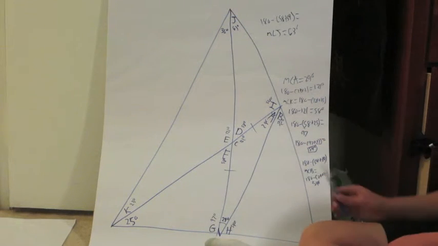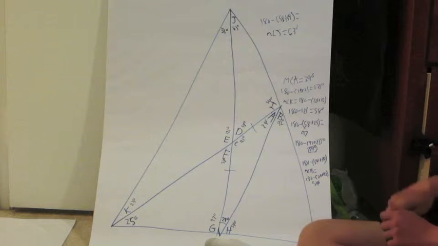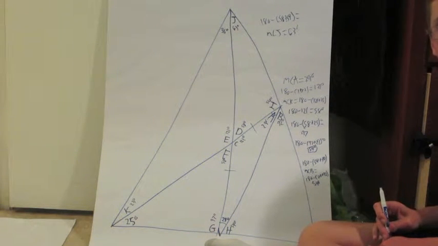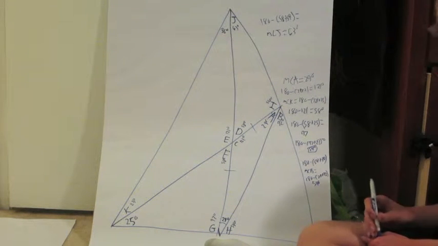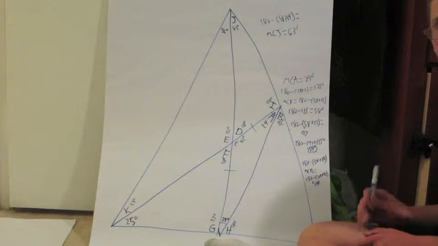So using all these properties, such as the sum of the triangle and also the straight line property as well as the vertical angles theorem, we can figure out all the measures of these angles in this triangle. Thank you.